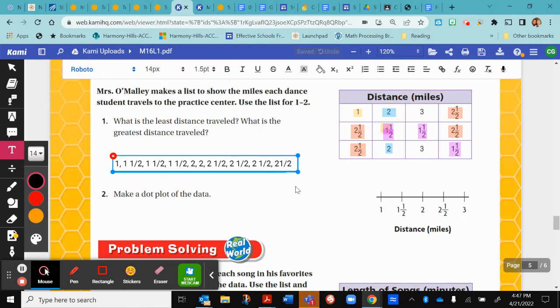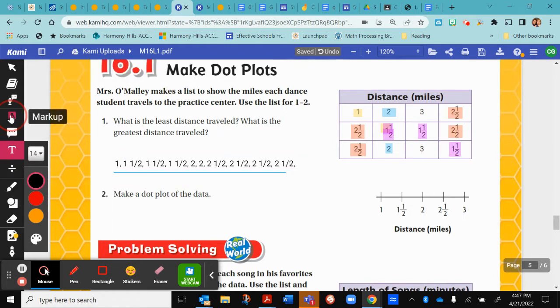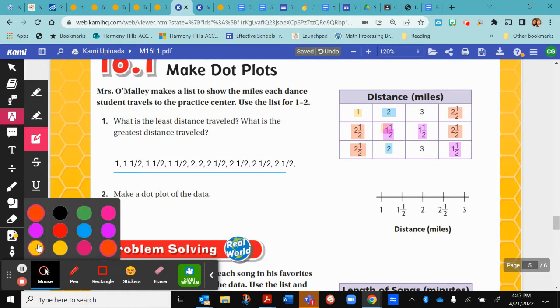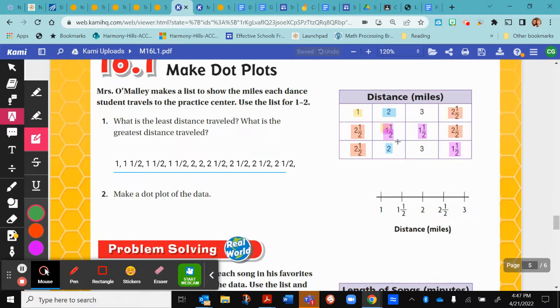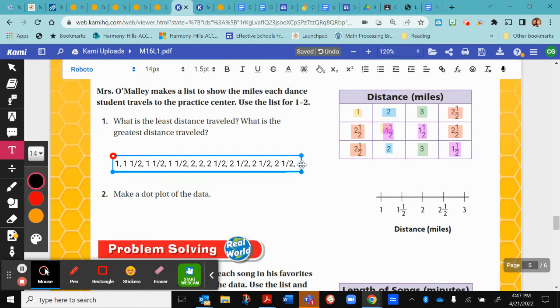And make sure I put that space so it doesn't look confusing. Okay, so I have 4 of them, and I can see that. And then the last one is 3. So I'm going to do my 3, and I will pick green. So that's 1, and that's 2. So let me type in my 3, and that's what this would look like.